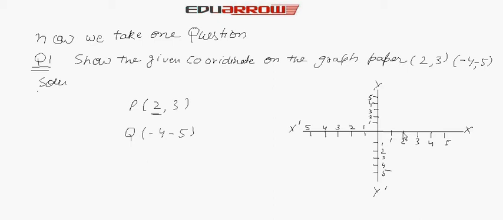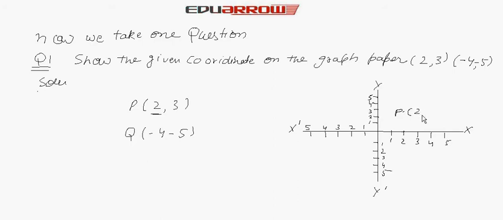This is the point P (2, 3), and another point is Q. Now we show this point on the graph paper.